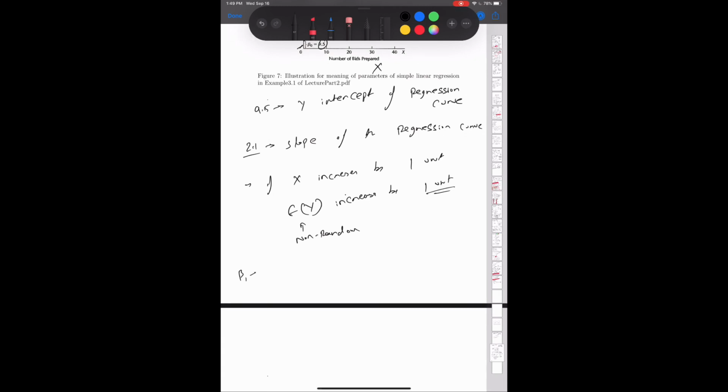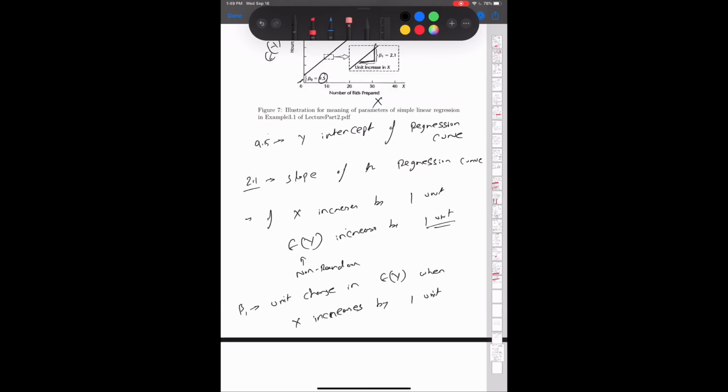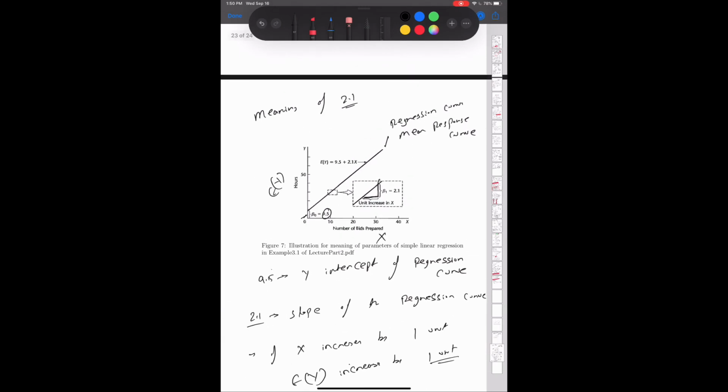Beta 1 is the unit change in expectation of y when x increases by 1 unit, right? It's not a change in y, that's different. The change in y is random. Expectation of y, however, is a fixed quantity, and that's what we want to understand. Okay, so that's the interpretation of beta 1.